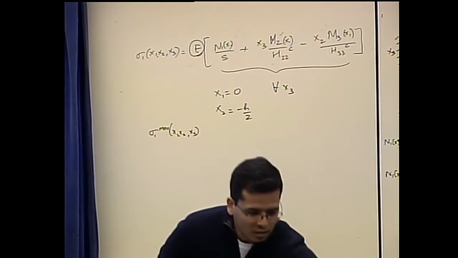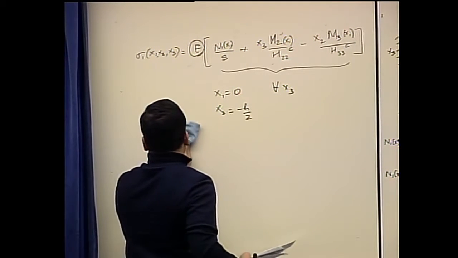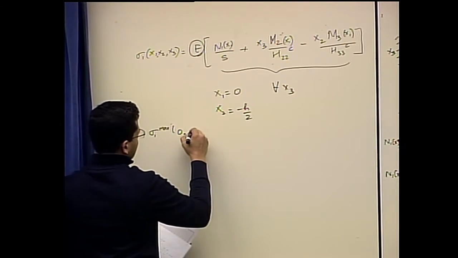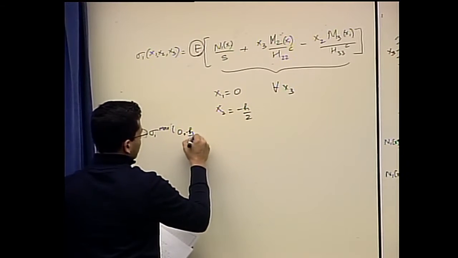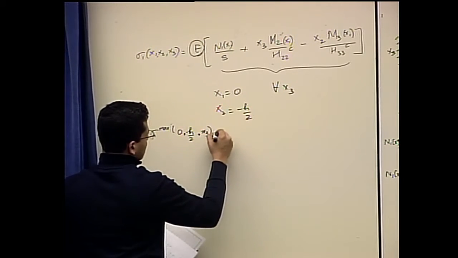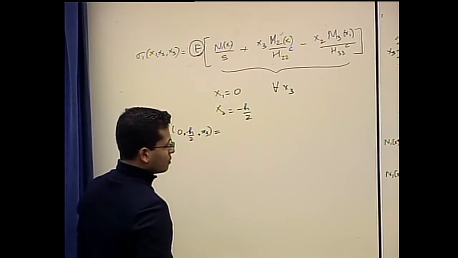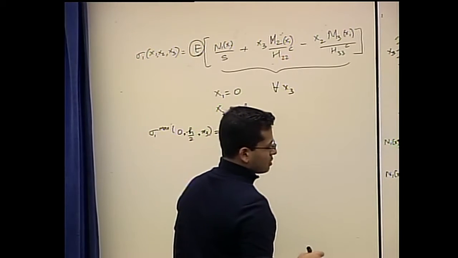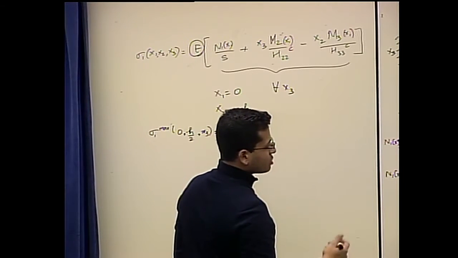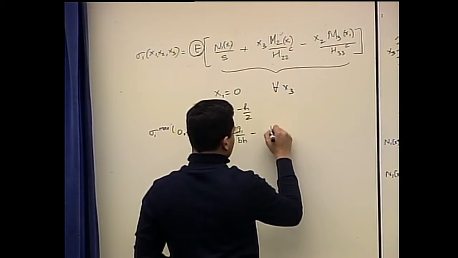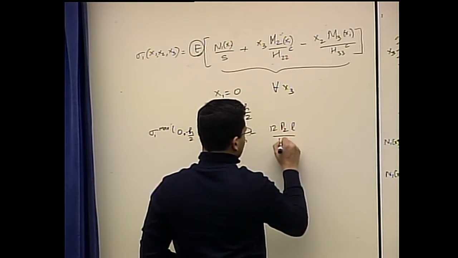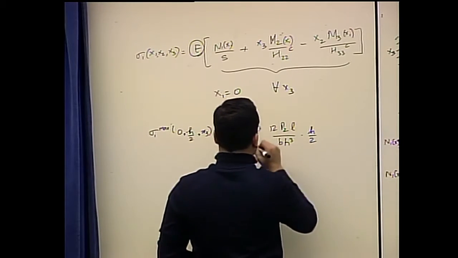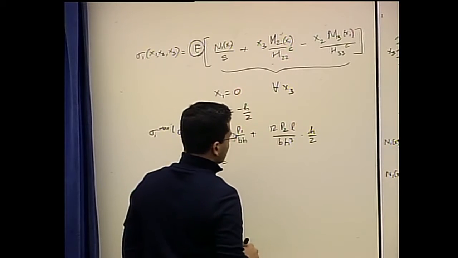So you can essentially replace x1, x2, x3 with 0, comma, minus h over 2, comma, x3, and it will become P1 over BH minus 12 P2 L over BH cube times h over 2, right?